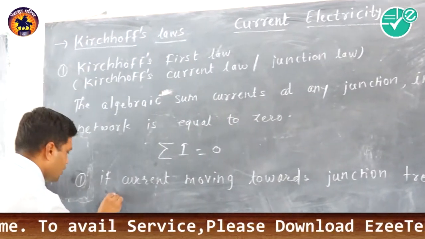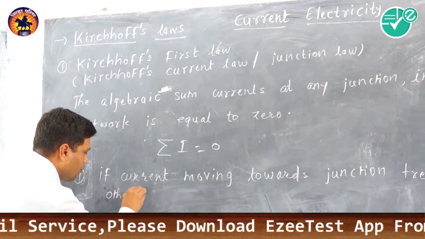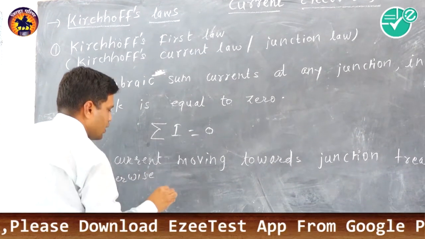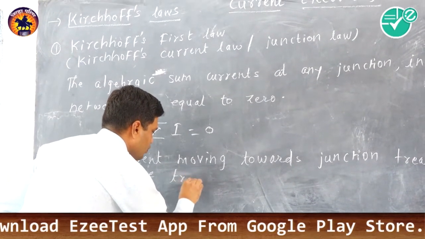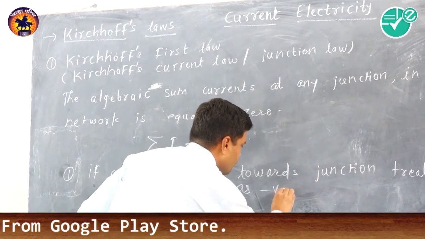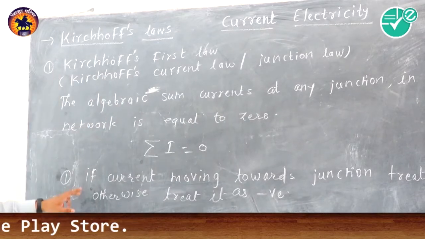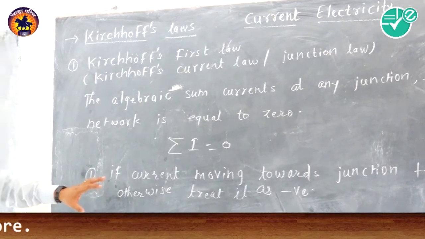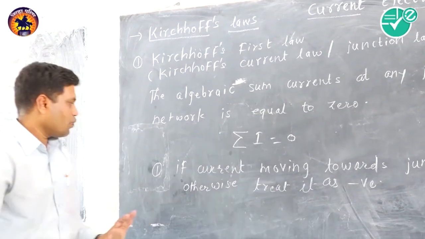Otherwise, treat it as negative. If a current is moving towards a junction, it is treated as positive.